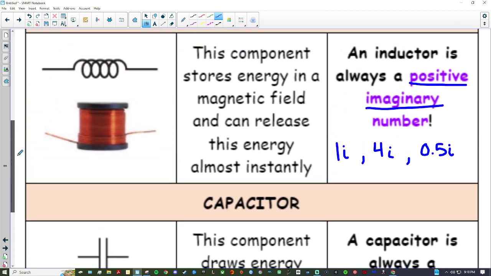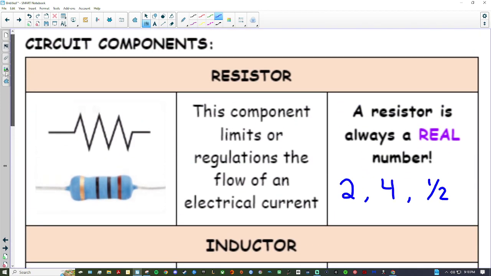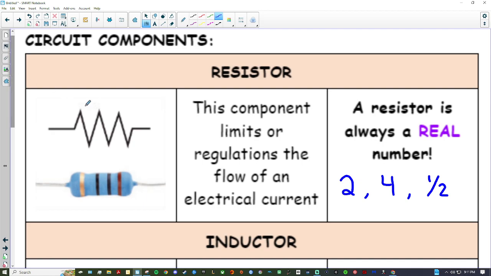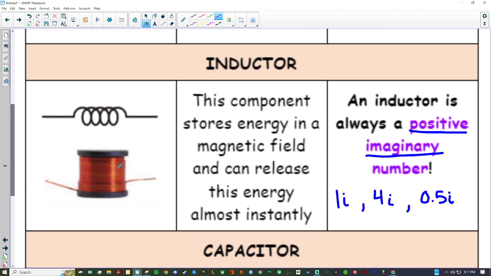So to go through our three one last time: a resistor resists or regulates, limits the flow of electrons, slowing them down, and it's represented by a real number. An inductor, represented with the curly Q, is always a positive imaginary number.